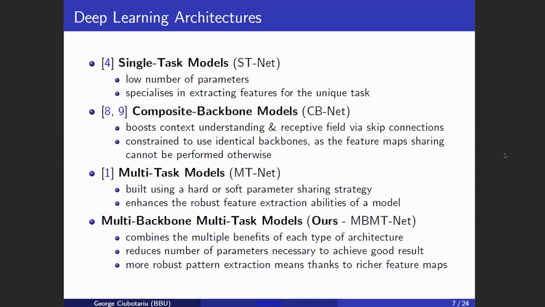From each image. Okay, so the multi-backbone multitask model in our approach combines these several approaches of multiple backbones and multitasks, while reducing somehow the number of parameters used. And also we aim at using multiple architectures by themselves.